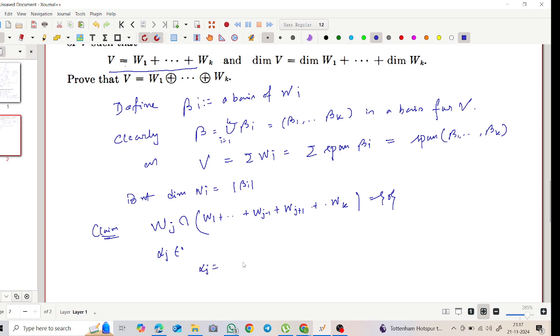So alpha j is of the form alpha 1 up to alpha j minus 1 plus alpha j plus 1 up to alpha k, where each alpha i belongs to Wi, which is span beta i. Oh, I'm stuck here. Just give me a minute.